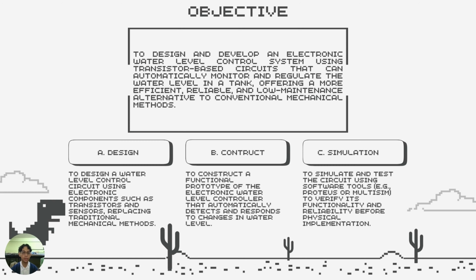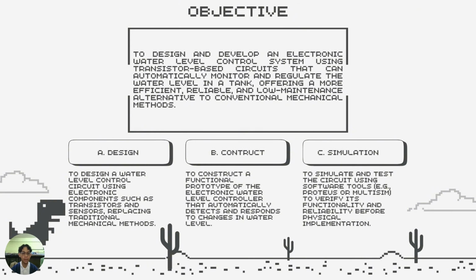First, we aim to design a water level control system using electronic components such as transistor and sensor, replacing float-based mechanical system. Second, we set out to construct a working prototype that can detect and respond to changes in water level by triggering output like LEDs or relay.